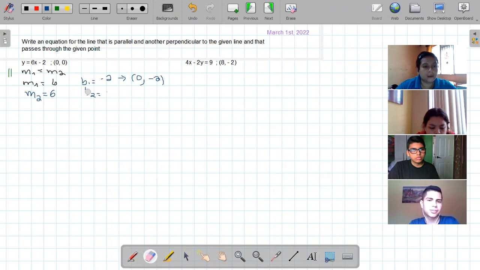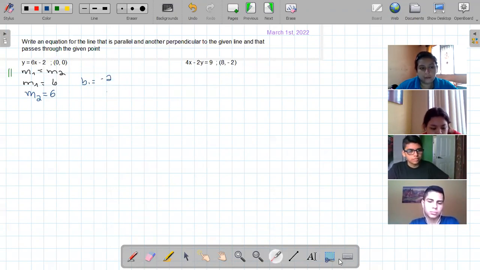Okay, let's do it another way. Let's forget about the intercept, okay? Let's forget about this because we're not graphing. And we found already that the intercept for this one was -2 because it's given in here, okay? We don't need that. What we need is to write now an equation.